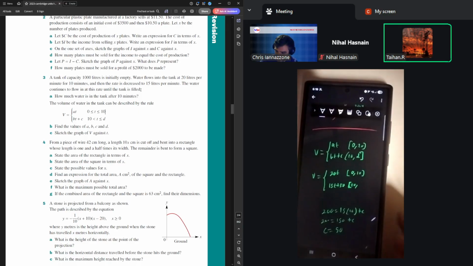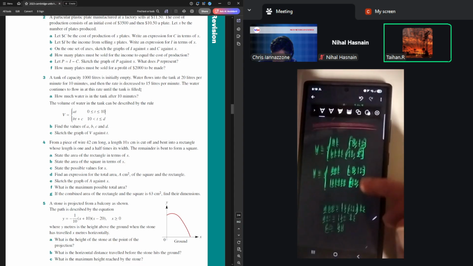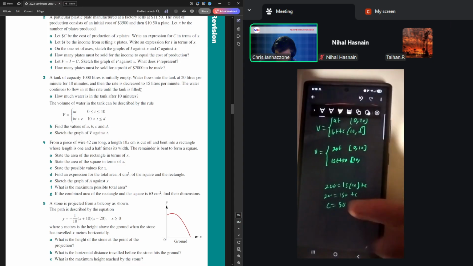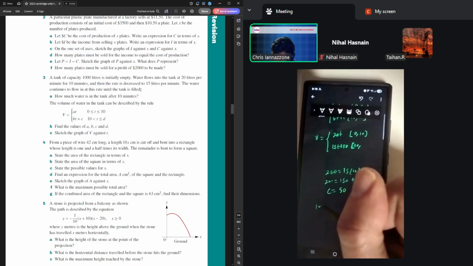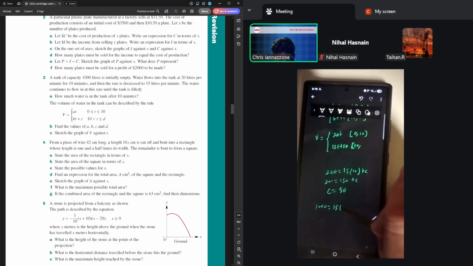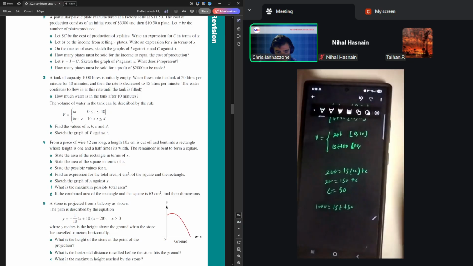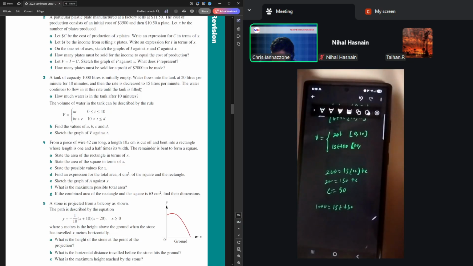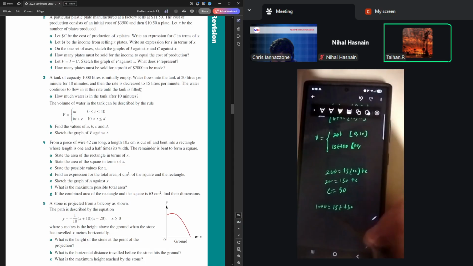So if we substitute 1000 for V, 1000 equals 15t plus 50. Yeah, that's absolutely right. Definitely using that second one because that's the one that's part of this domain. So that's like 190 over 3, I think.